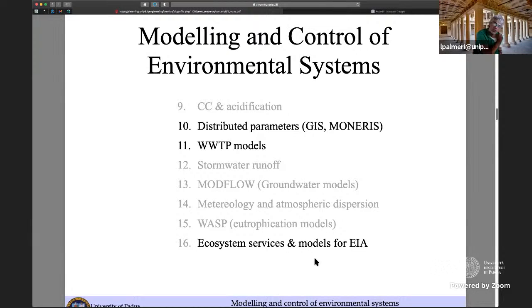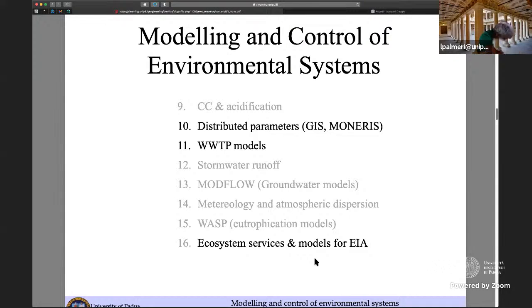Okay, so we will have a lecture on distributed parameters modeling, in which I will show you how the very complex application of ecological modeling may be pushed up to employ geographical description through GIS, for example, in which you may construct descriptions that are geographically projected or geographically located of ecosystems.